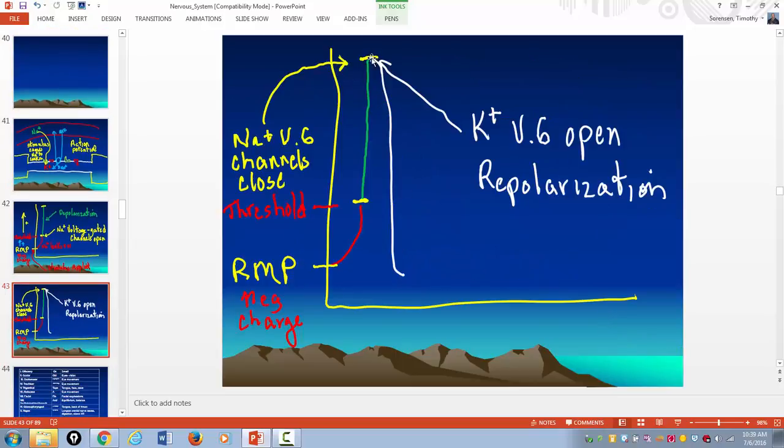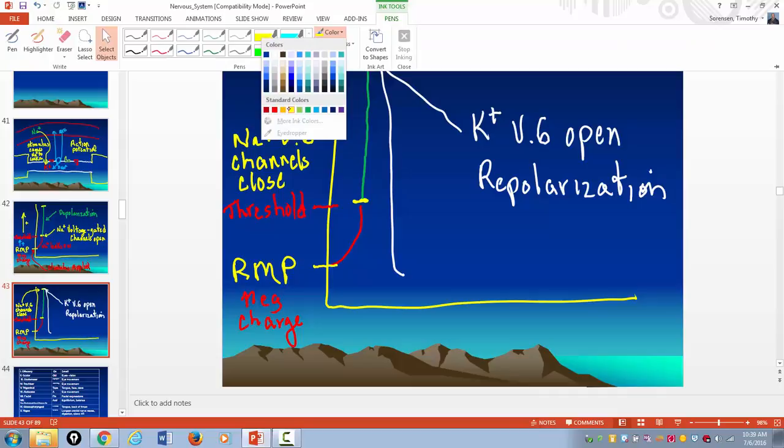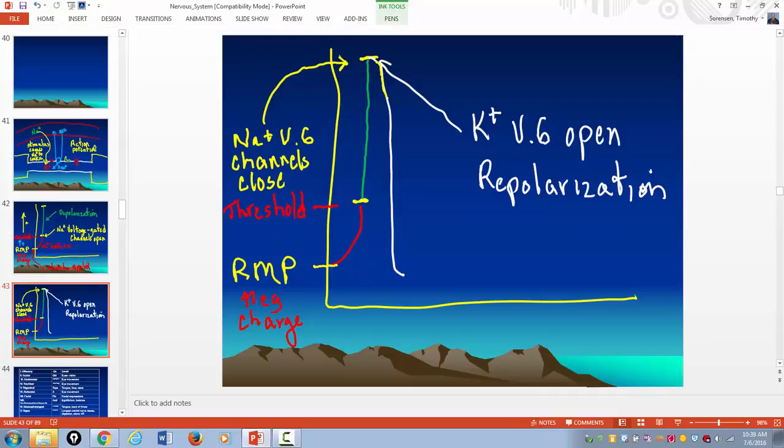So when the voltage gated potassium channels open and the voltage gated sodium channels close, the charge inside that cell is going to become more negative, and it's going to come back towards the resting membrane potential. So the opening of the voltage gated potassium channel causes that node to repolarize or reset itself.